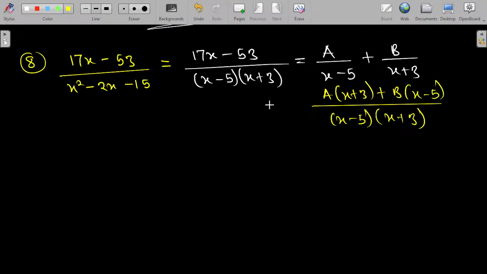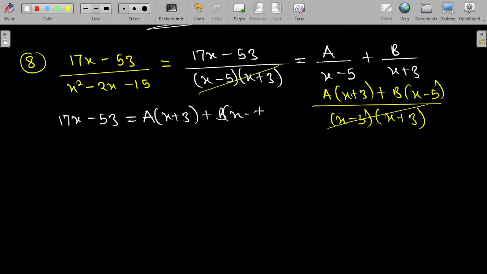This is nice. Of course, the denominators will disappear. Let's come over this side. So we just have 17x minus 53 is now equal to a into x plus 3 and then plus b into x minus 5. And these ones are whole numbers, so should be easy for us to work with.